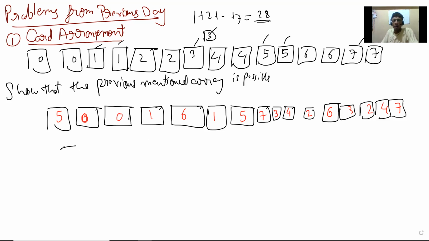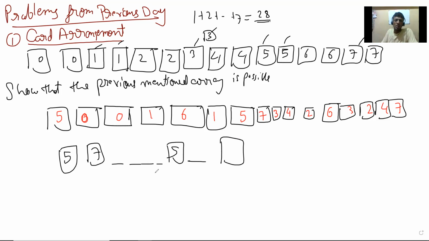Because a priori one does not know. It could be a 5 like this, and there could be a 7 like this, and then a 5 after 4 places, and then some 7 again after 1 place, or 2 places. I may be wrong. If this is the only arrangement, which I don't think it is, it's very nice, right? We don't know anything about this thing.